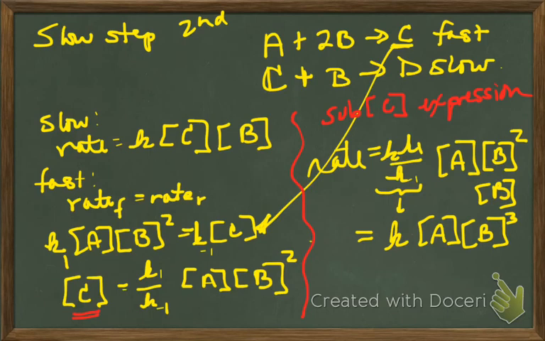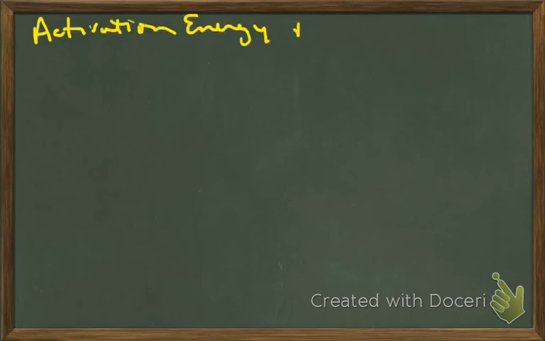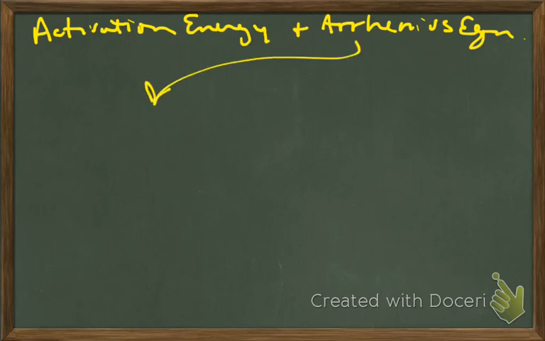Okay, so last topic in the review is going to be activation energy and the Arrhenius equation. Okay, so this equation is rate constant is equal to A times E to the negative EA over RT.